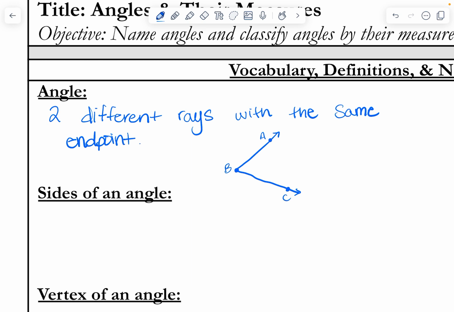So the definition, going back to that, is two different rays with the same endpoint. We have ray BA, and we also have ray BC. Both of these rays have endpoint of B, and they form an angle.